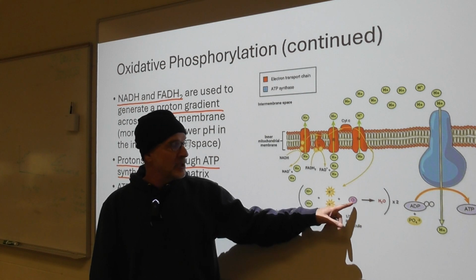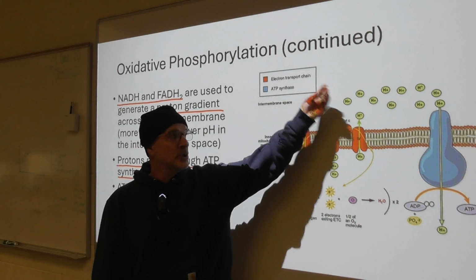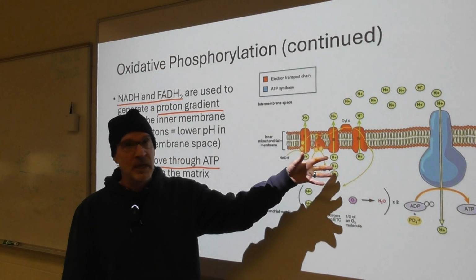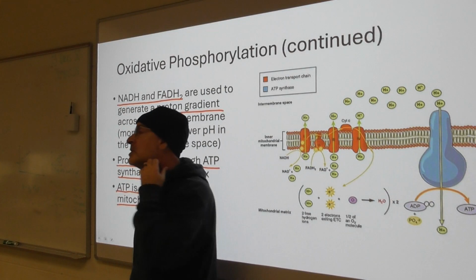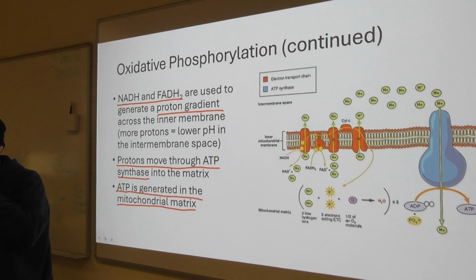And all that extra energy is used to build up this concentration gradient and then hook together some ADP with inorganic phosphate to make ATP.